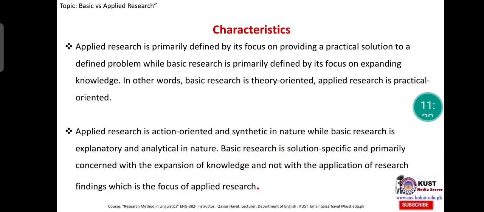In applied research we have to have a solution. So expansion of knowledge in a field is basic, while research findings and a solution to a practical problem are the area of applied research.